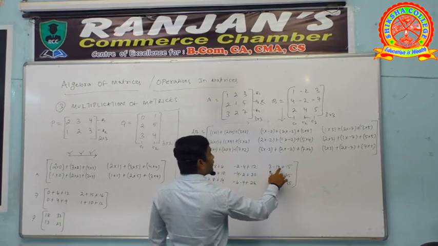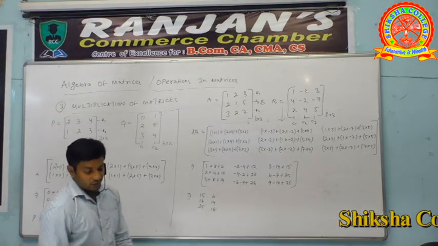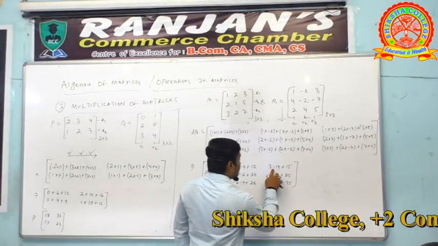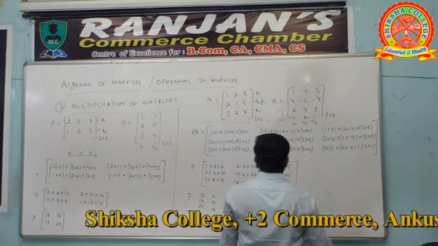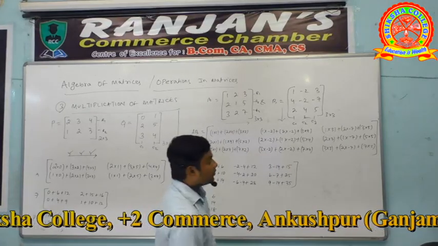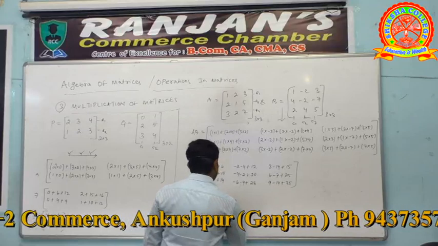Now see, 14 plus 15 is 29. Sorry, 3 minus 14. Okay, 3 minus 14 is equal to 11, 11 plus 15 is 26.